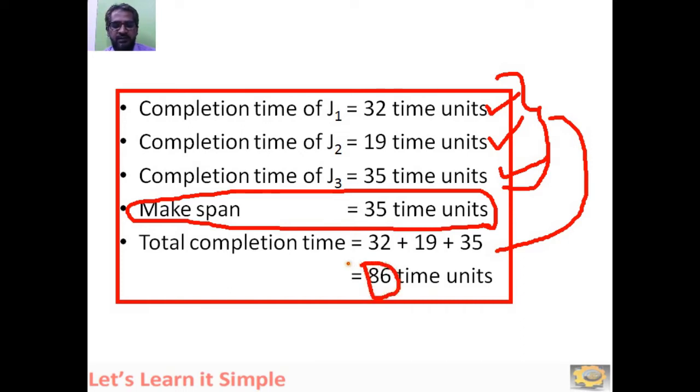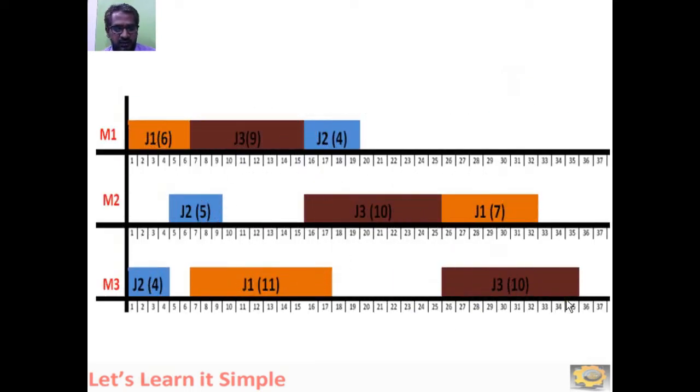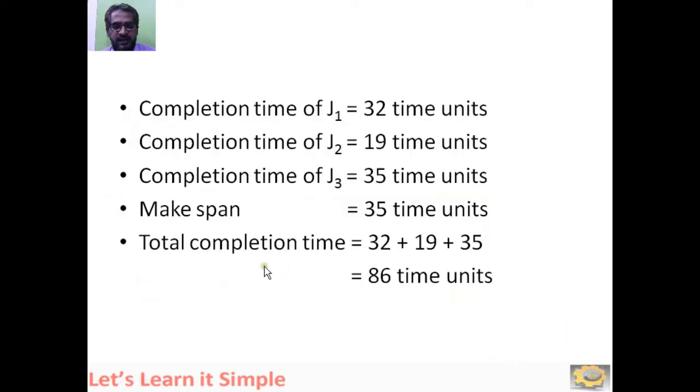Let me explain makespan again. If you go back to the Gantt chart, at a time unit of 35 you can see that the processing of all the 3 jobs is completed on all the 3 machines. In that way, makespan is 35 time units.